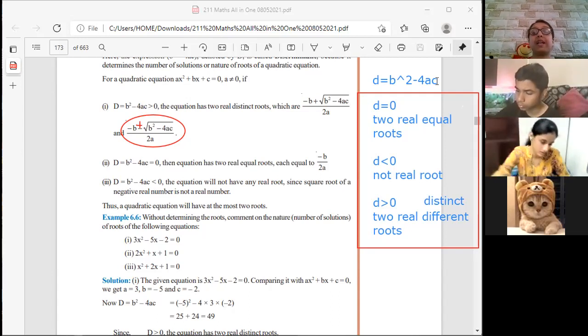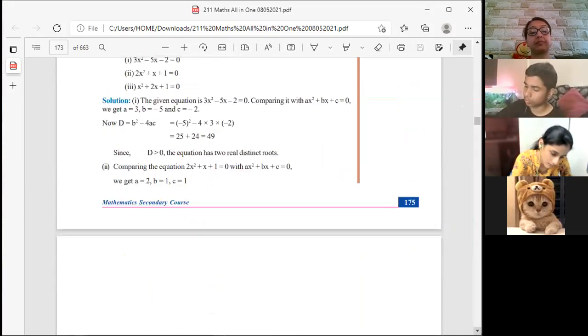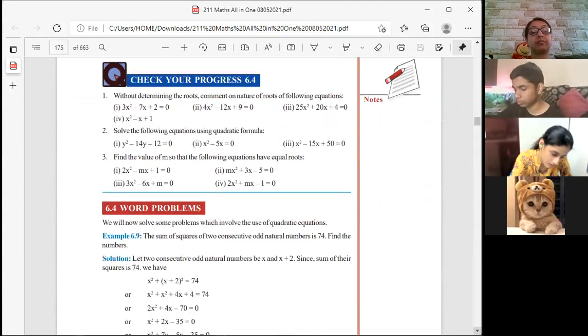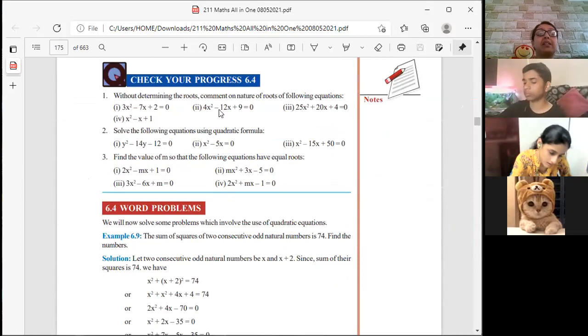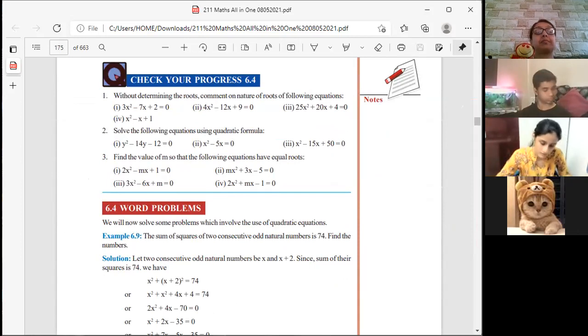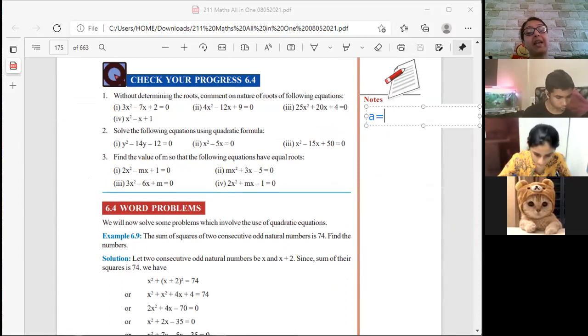Now we are moving towards the exercise. Look at 6.4, question number 1. Now when I look at my question number 1, the first thing I should be doing is I need to find out what is my A. Can you help me?